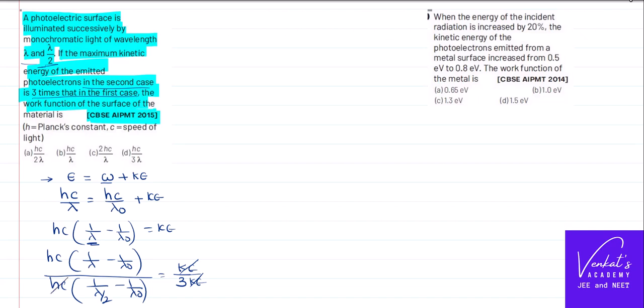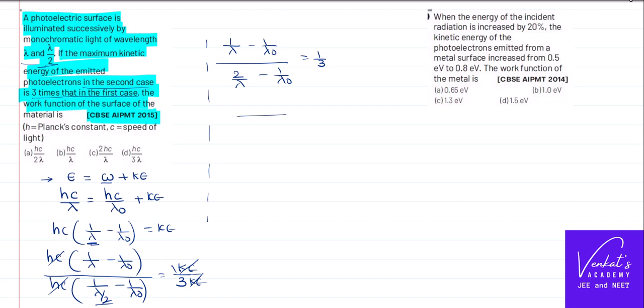So Ke's can be cancelled, hc's can be cancelled. We can further simplify this equation as 1 by lambda minus 1 by lambda naught, and in the other, the 2 will come to the numerator: 2 by lambda minus 1 by lambda naught, in the ratio of 1:3.